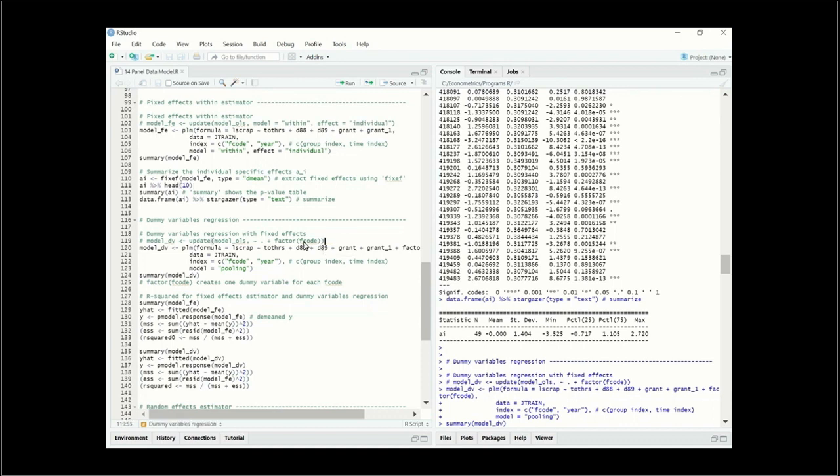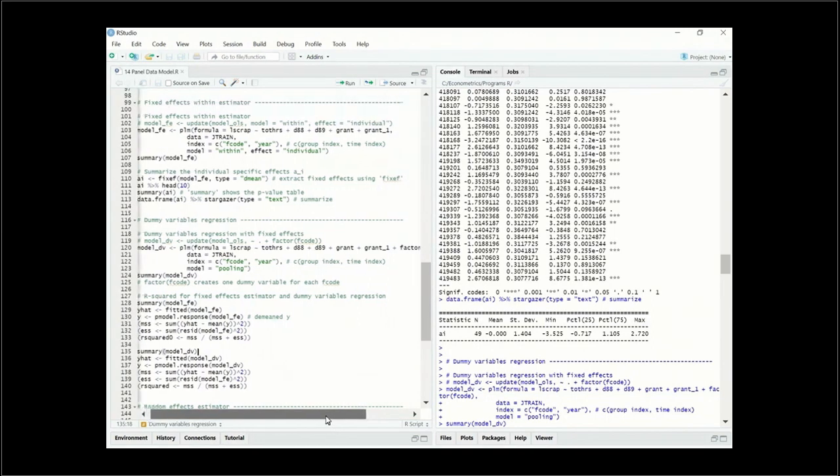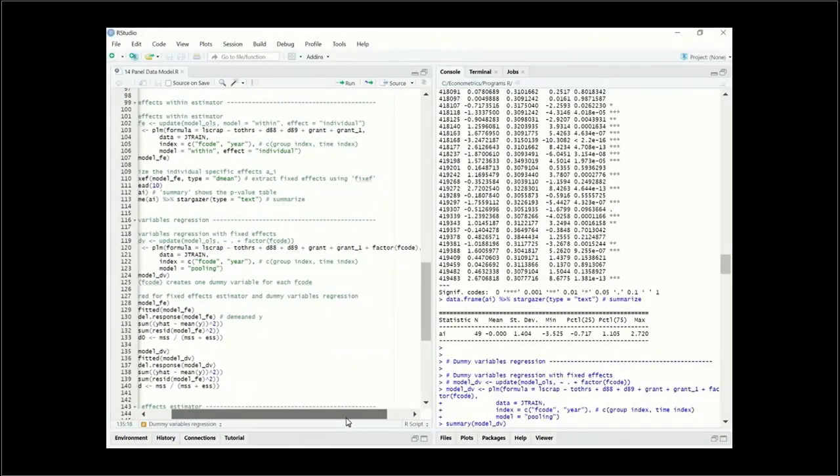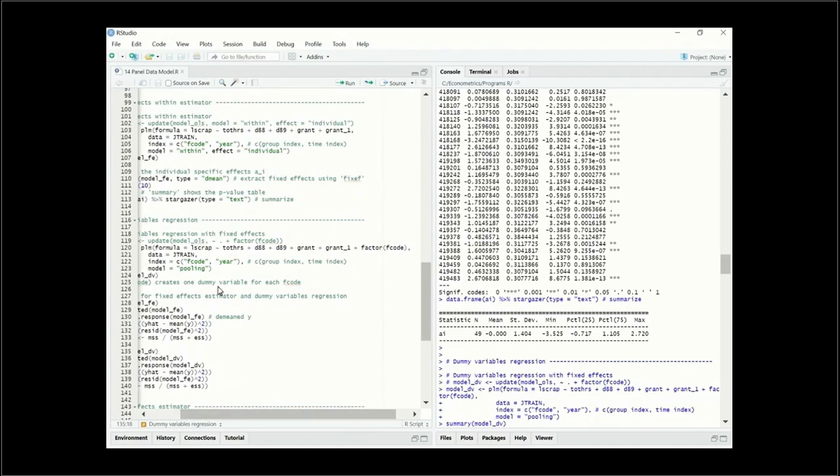This factor of F code would be generating dummy variables, one for each firm. Or alternatively, this is the long formula. All we have to do is, as I said, the only difference from above is just put plus factor of F code. So this is going to give one dummy variable for each of the firms.